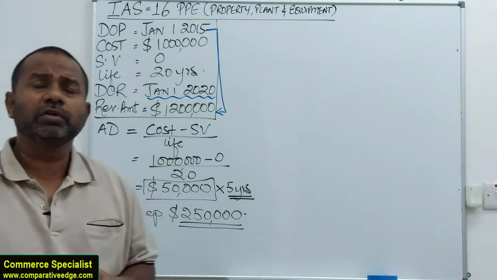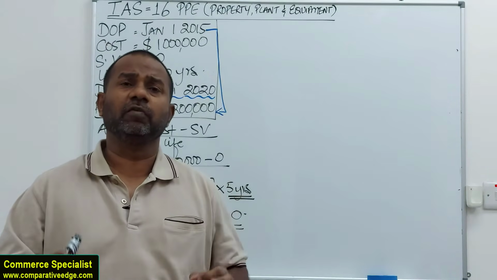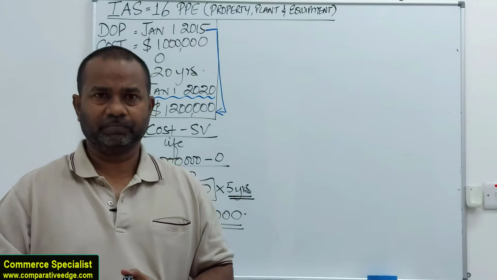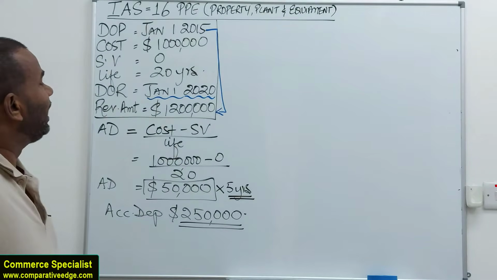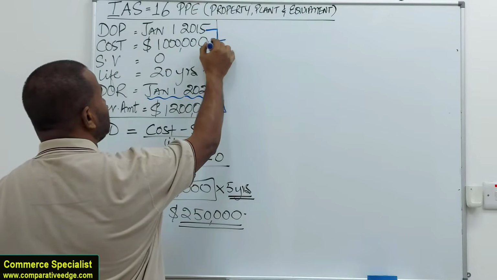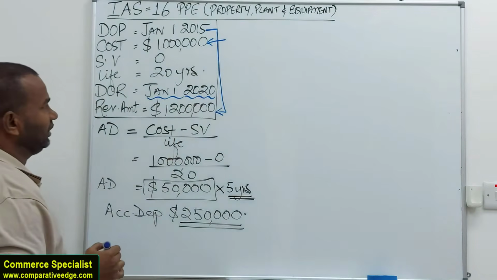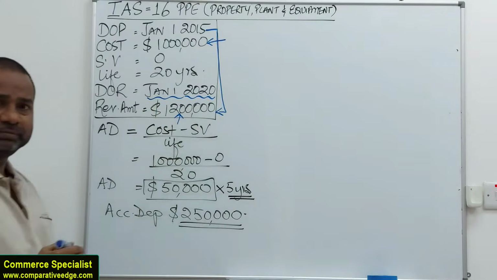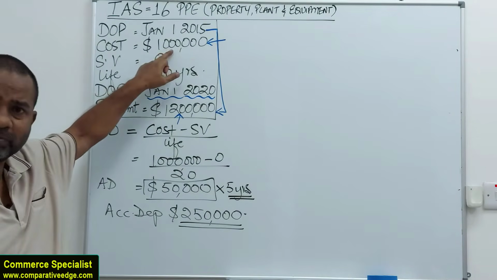Now we are going to give the entry for revaluation. How to record revaluation? Please have a look at cost. This is very important. The original historical cost and the amount at which you are revaluing it. The historical cost was 1 million.